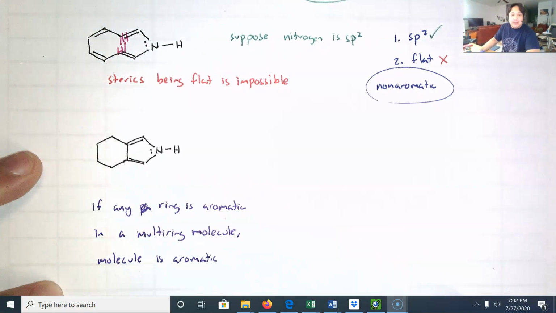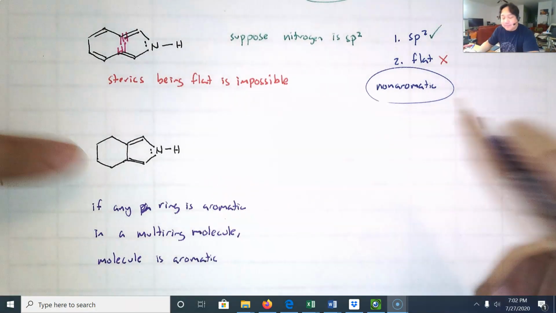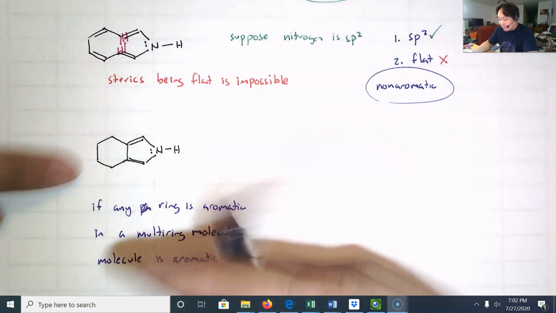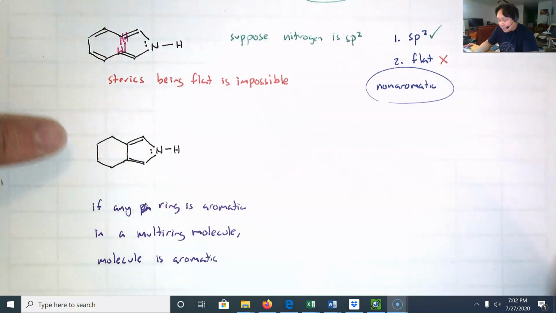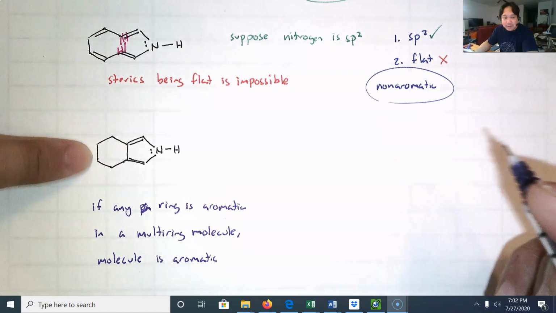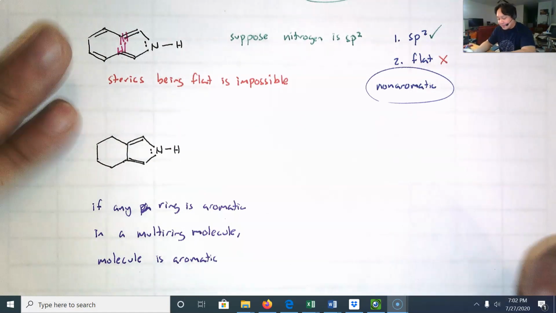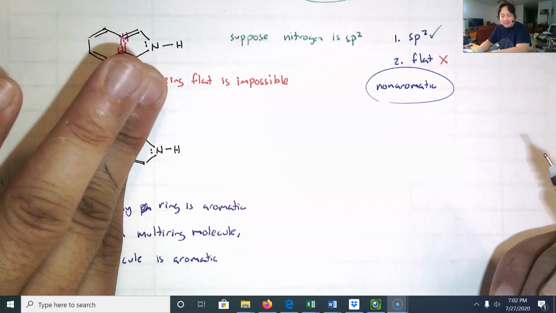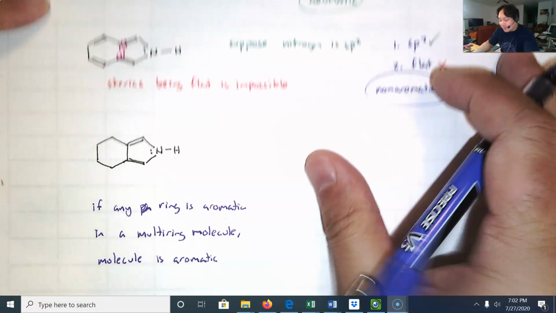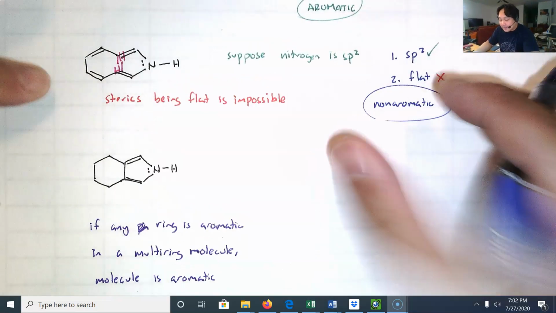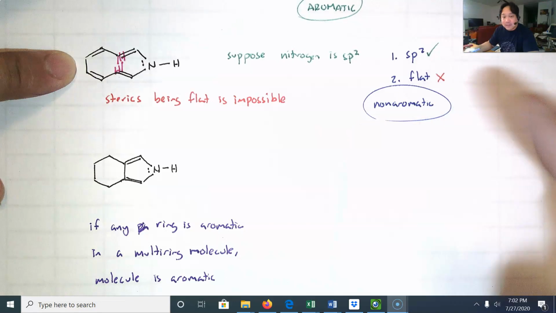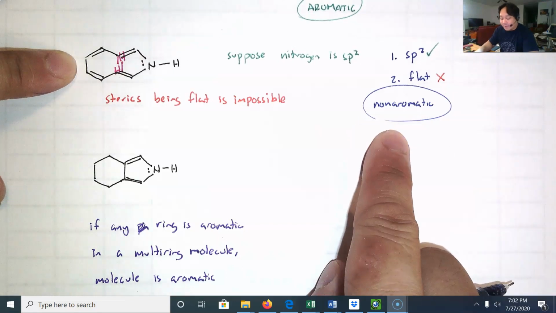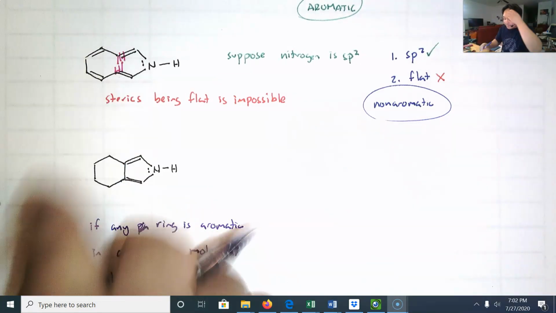We haven't yet decided whether this molecule is aromatic or not. I'm giving you this rule because I don't want you to be distracted by this ring here. I could have easily drawn it without that second ring, but I wanted it to be analogous in size to this molecule up here, which was what? Non-aromatic, because again, it cannot be flat.